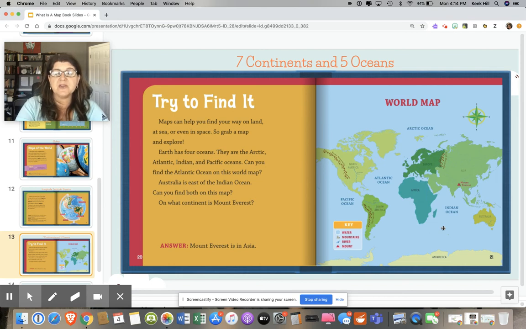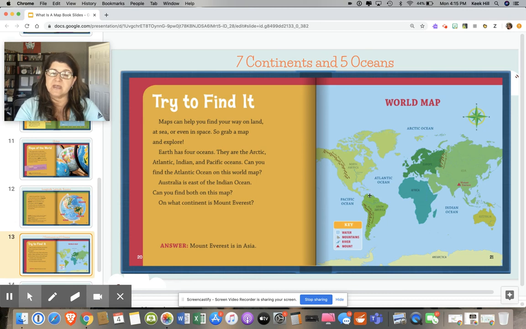Maps can help you find your way on land, at sea, or even in space. So grab a map and explore. Earth has 4 oceans. Actually, they have 5, and I'm going to show them all to you. They are the Atlantic Ocean, the Pacific Ocean.